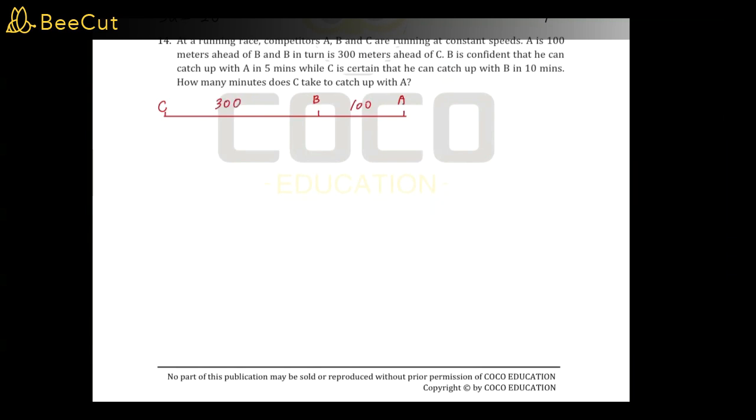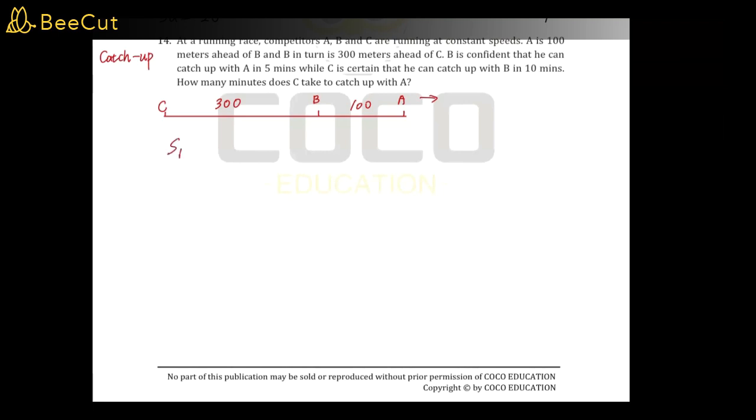So we draw the diagram first. Right, they go in the same direction. This one is the catch-up problem. Right, B is trying to catch up with A.